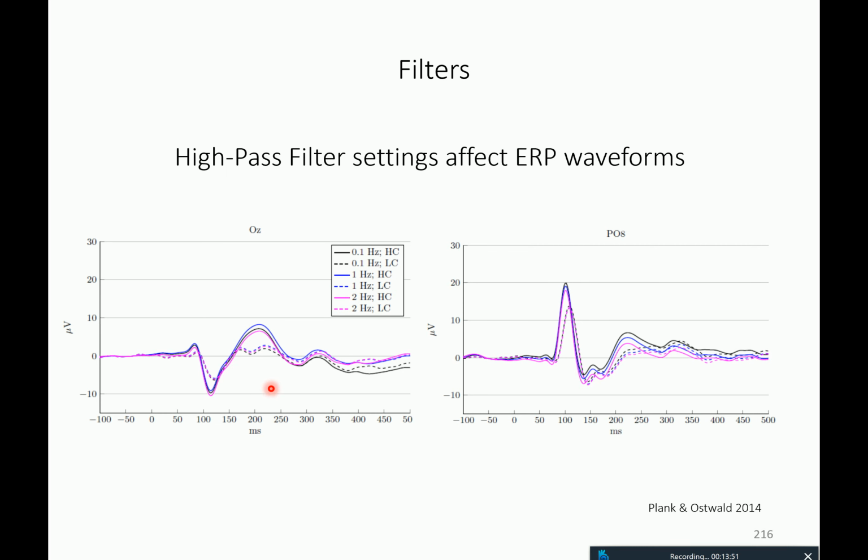So if you are interested in the difference between high and low contrast checkerboard responses in EEG, the filtering settings don't make a fundamental qualitative difference. Of course, they make a quantitative difference.